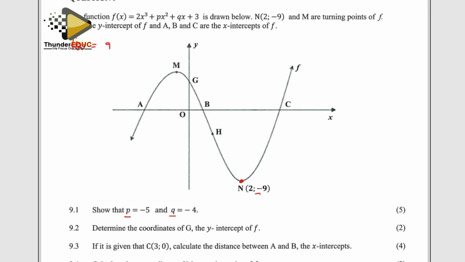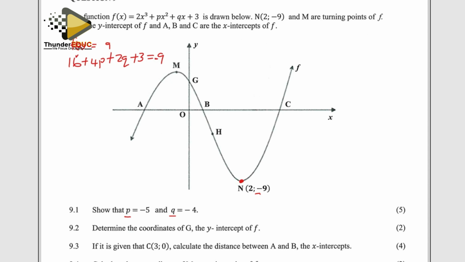Okay, substitute there. It's going to be 2 into 2 cubed, which is 16, plus 2 squared is 4, so that's 4p, plus 2q, plus 3, must give us negative 9. I know that 16 plus, no, it's a negative 9.